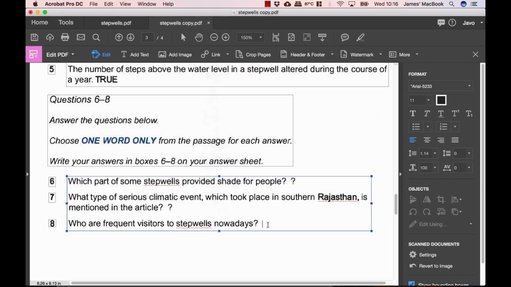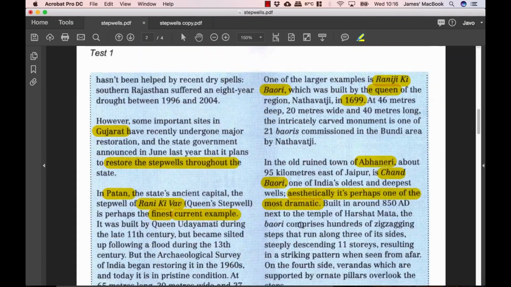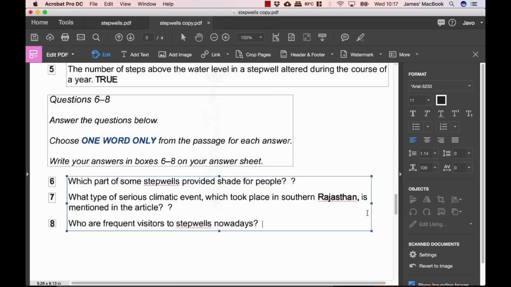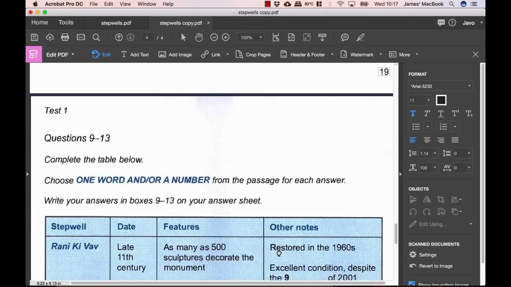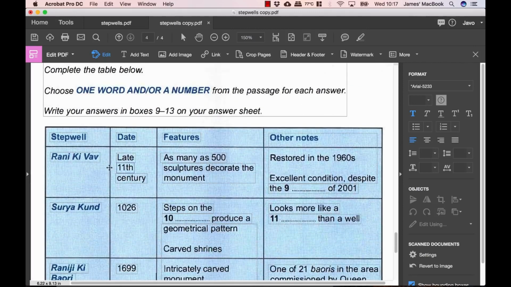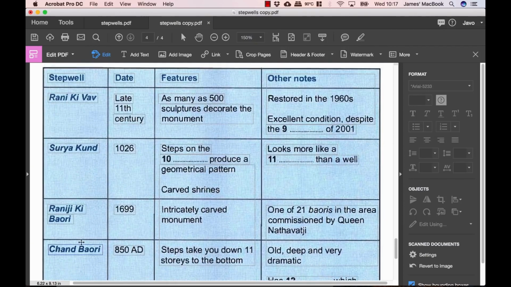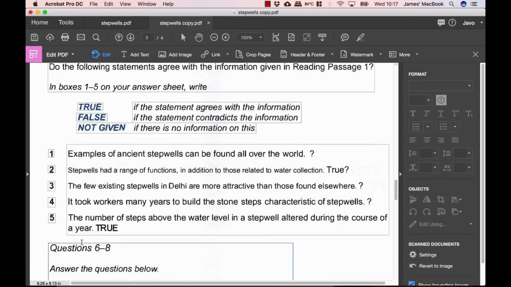I think we saw tourists down here, didn't we? Tourists flock, and this idea of flocking is large numbers. Okay. And the last question here. Okay, so these ones are related. We highlighted all of those. So let's come back to those later.